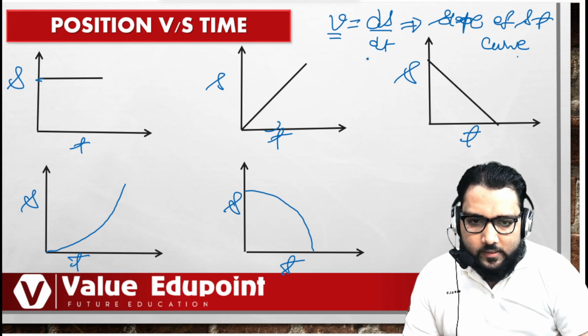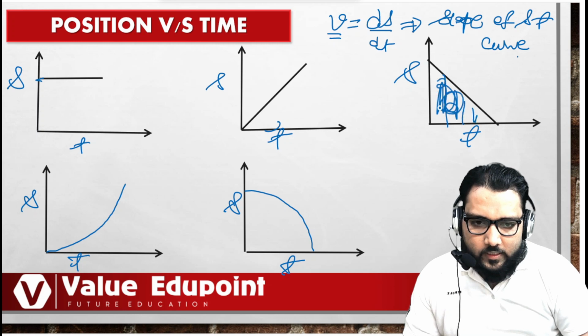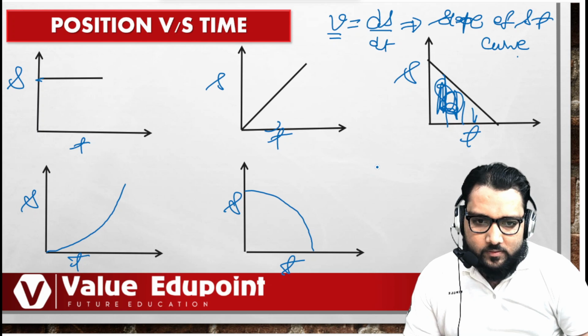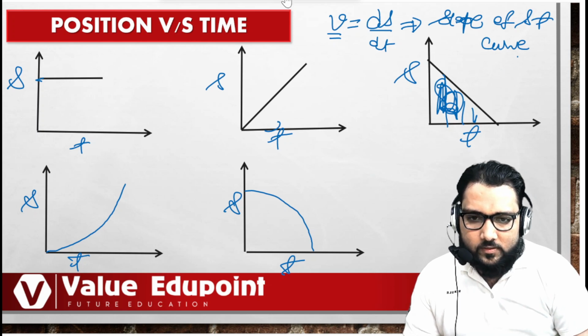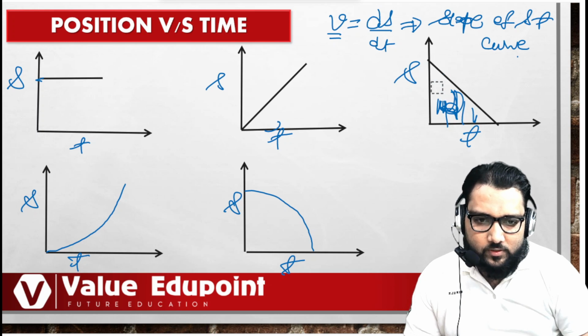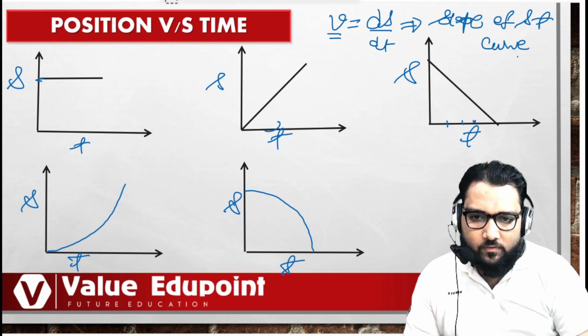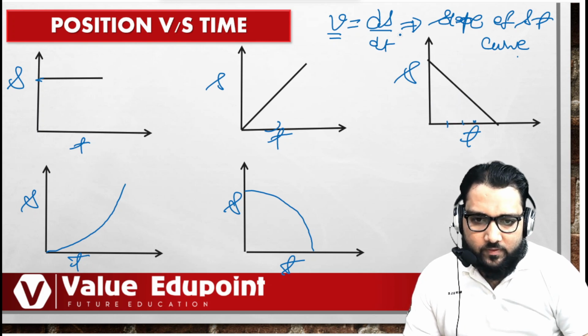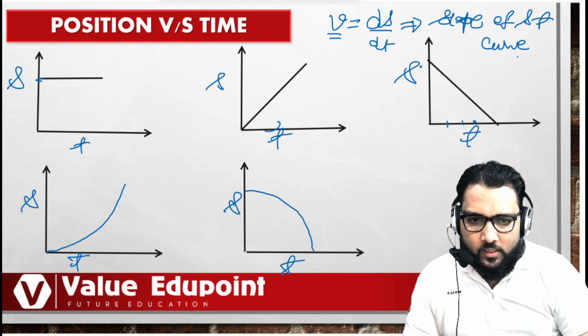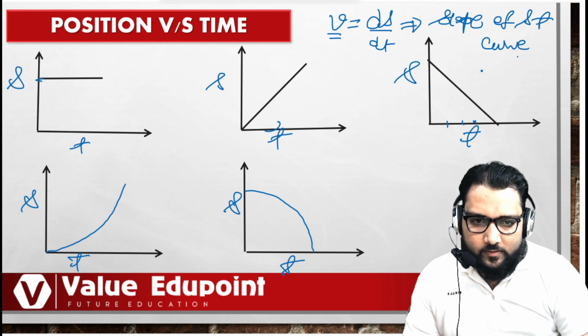The area under the st curve will not give anything, that does not matter for us. So simply we go for the slope of the st curve, or slope we can say is tan theta.